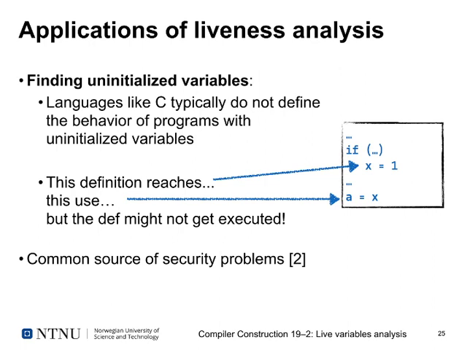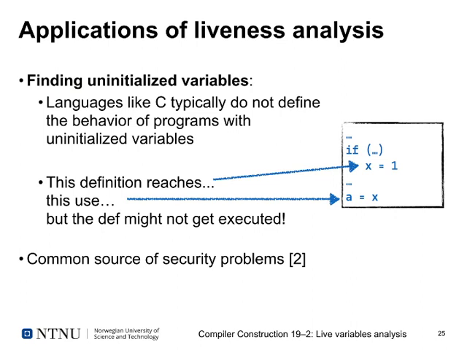So if there's a program path where we try to use the value of a variable, but we have never assigned a value to the variable before, the results of our program run can be unpredictable. So languages like C typically do not define the behavior of programs with uninitialized variables. So essentially, maybe we want to do something against this to avoid this sort of error.